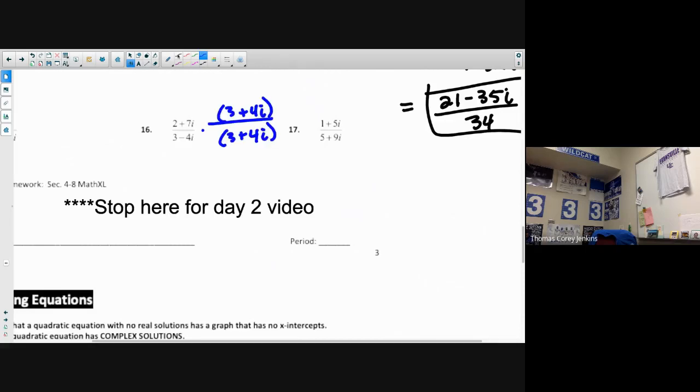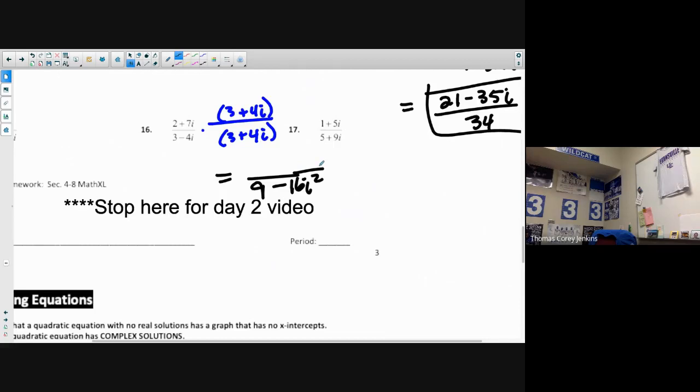I'm going to use my shortcut on the bottom, okay? So I know it's going to be a squared minus b squared. That's going to be my denominator, right? So that's going to be 9 minus 16i squared. That's what I'm going to get on the bottom. Which hopefully you're thinking ahead, that's really going to be 9 plus 16, right? So 25.